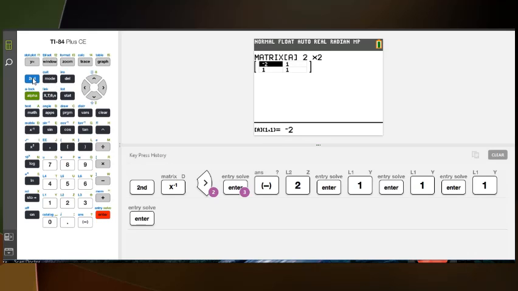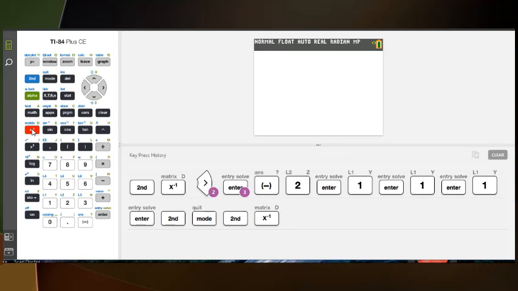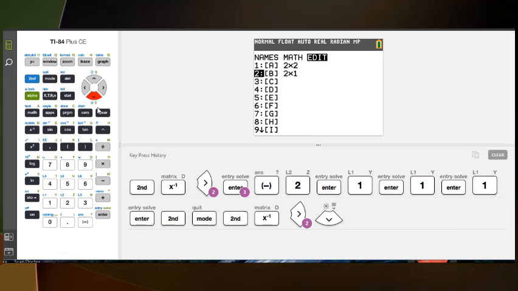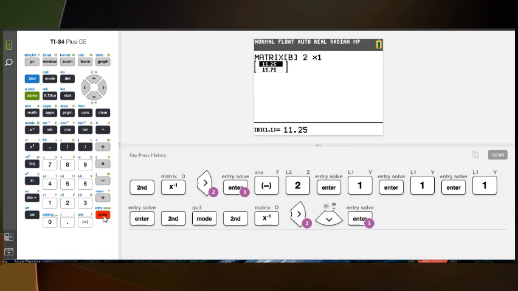I'm now going to hit second mode, or quit. Now I'm going back into matrix with second matrix, and going to edit, because now I want to edit my matrix B, which is a 2 by 1 matrix. So 2 by 1, and I'm going to substitute in 9 and 3, which represent the constants.